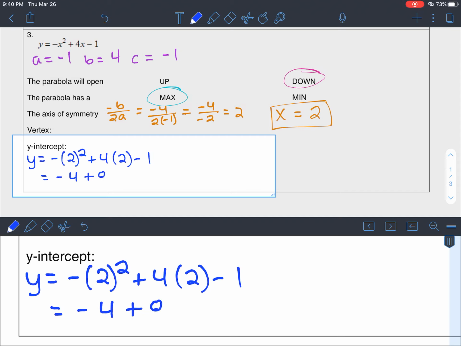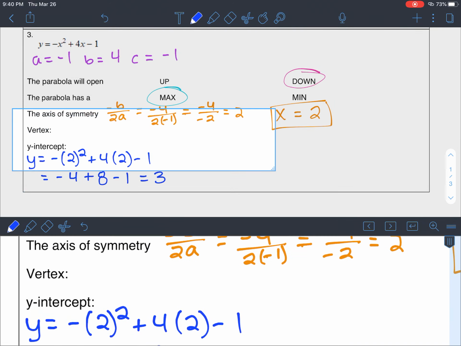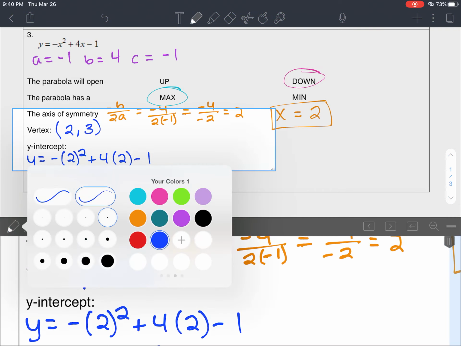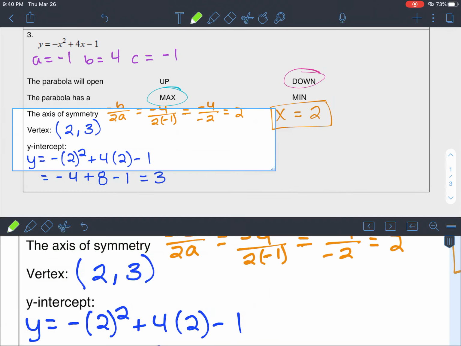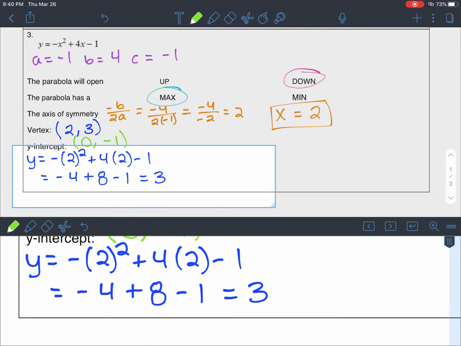Plus 4 times 2 is 8, and then minus 1. Negative 4 plus 8 gives you positive 4. Positive 4 minus 1 gives you positive 3. So my vertex is at 2, 3. Last thing we need to check on is my y-intercept, which is 0 and whatever my c value is. So 0, negative 1 there.